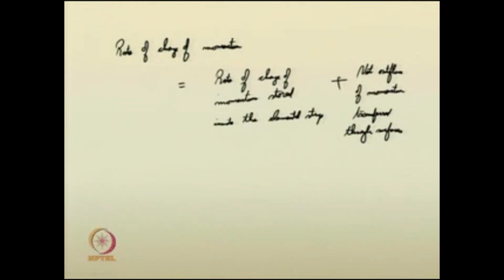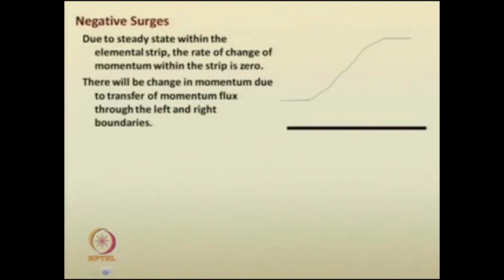So, due to steady state condition, this quantity is 0 or we are not taking into consideration there. So, we can write due to the steady state within the elemental strip, the rate of change of momentum of the strip is 0.